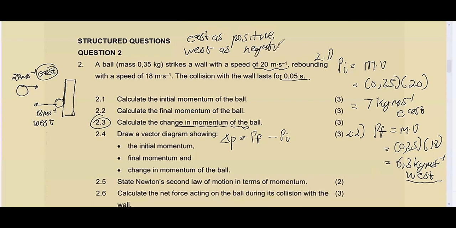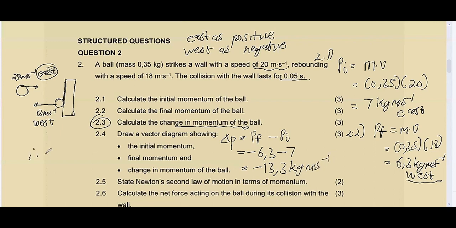Since the ball rebounds against the wall and moves in the opposite direction, which is west, we need to indicate our 6.3 as a negative, right? It is going in the negative direction of the initial motion. Then that's negative 6.3 minus 7.